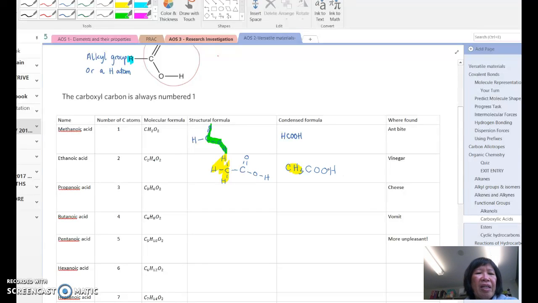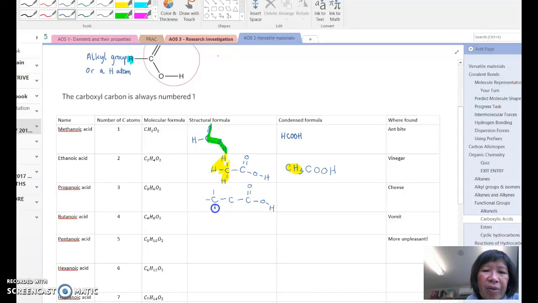Right, the third member is propanoic acid with the molecular formula C3H6O2. So we start by drawing, once again, the functional group, C double-bond O, OH, and drawing the remaining carbon backbone, and we have to fill it up with 5 more hydrogens.